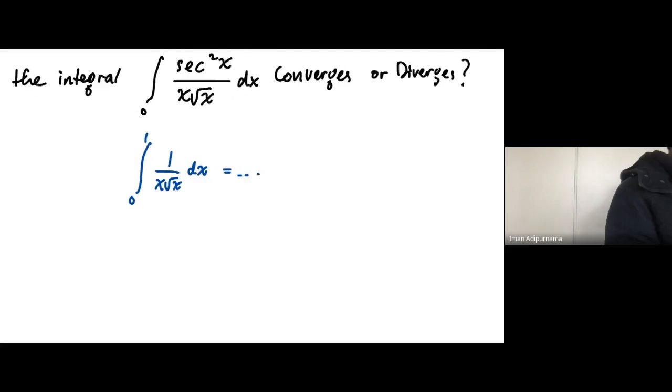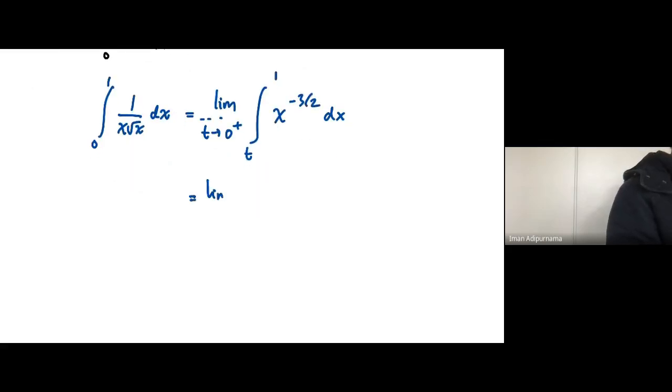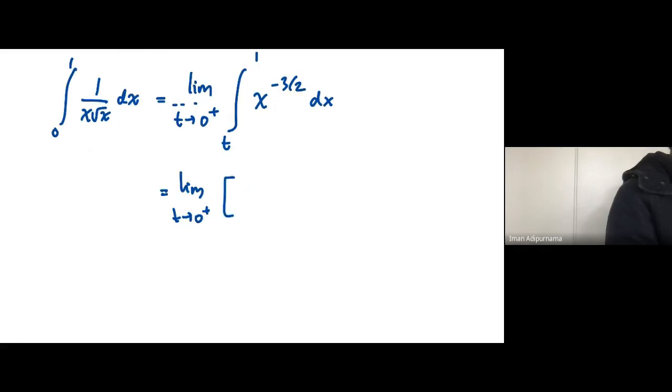So let me write this with the limit as, let's say, t approaching 0 from the right. And let me just write this function, and then write the solution as -2x plus, yeah, half, right?